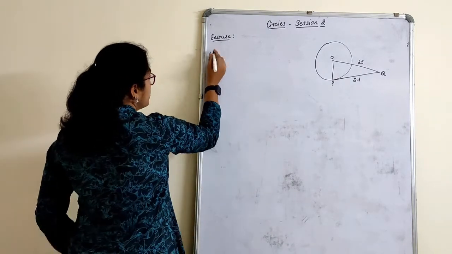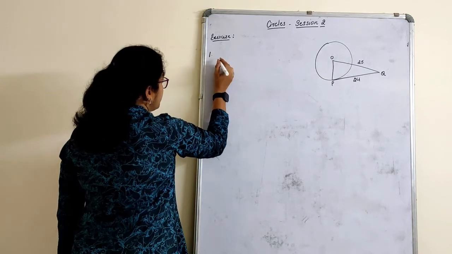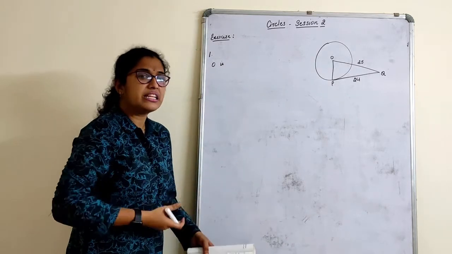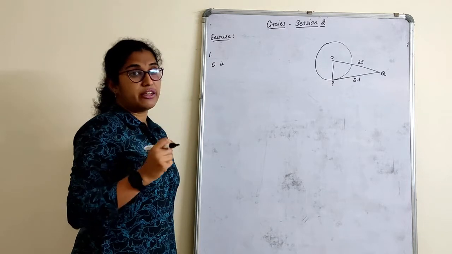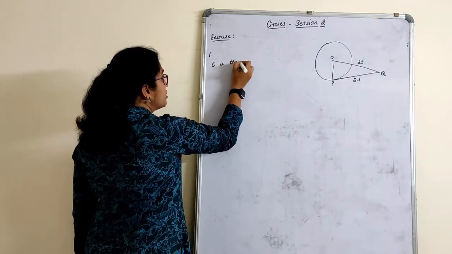Very clear? So in the triangle, first of all, what should be the first thing? It is an MCQ here, so nobody will ask you, but if it is asked for 1 mark or 2 marks, you need to mention each and every point. The first and foremost point always is: O is the center of the circle.